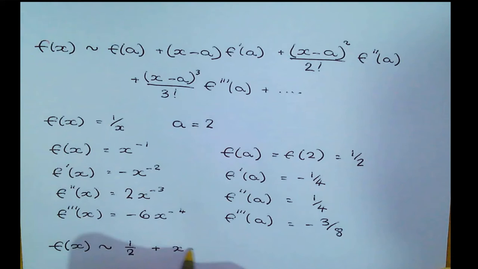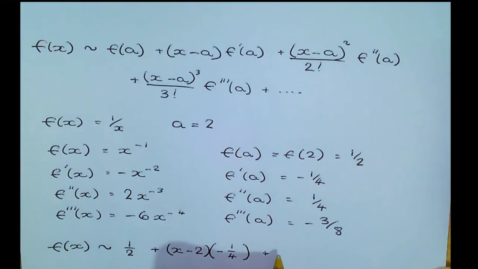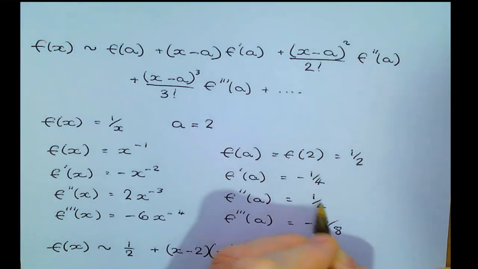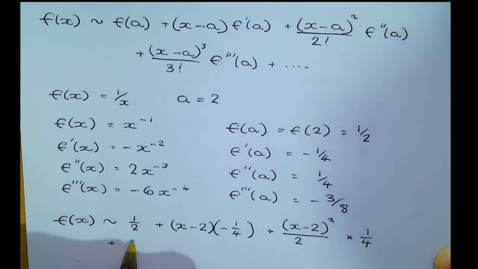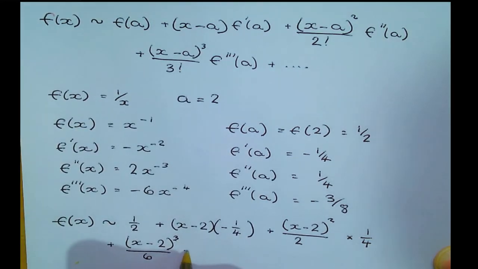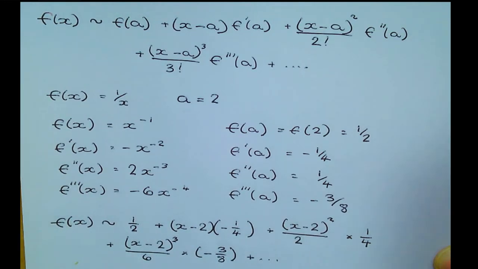So x minus 2 times minus 1/4, plus x minus a all squared, x minus 2 all squared over 2 times 1/4, plus x minus 2 cubed over 3 factorial, which is 6, times minus 3/8. And so on.